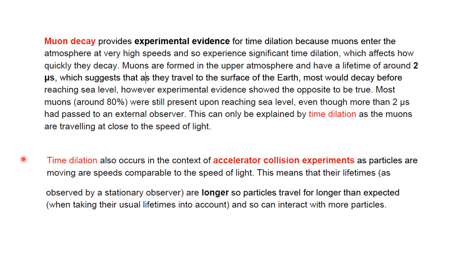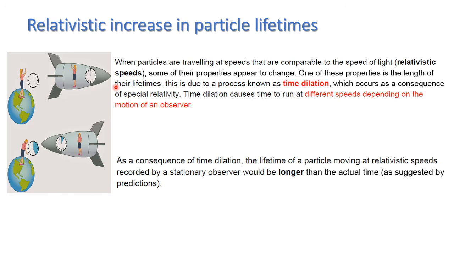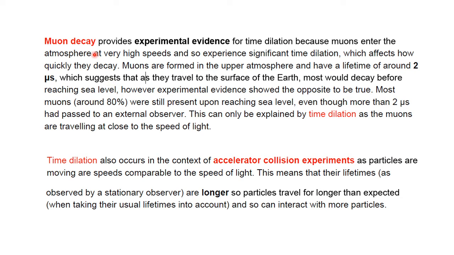One example of the relativistic increase in particle lifetimes is muon decay. Muons are formed in the atmosphere, and their lifetime is very short, around 2 microseconds, which suggests that they have no chance of falling to the Earth.